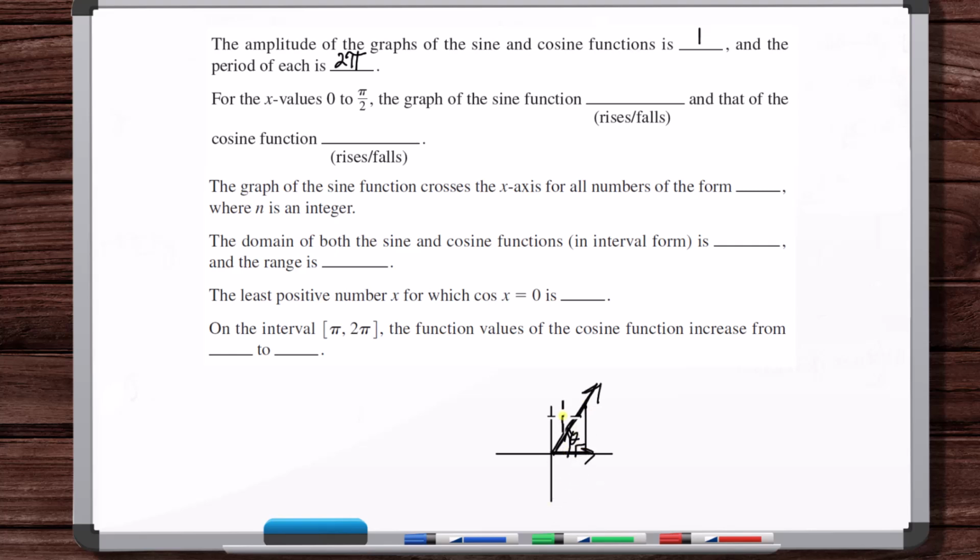So we know that sine is y over r, it starts at 0 and then increases to having y equal to r in the first quadrant. So it increases from 0 to 1 in the first quadrant, so it rises. And cosine starts at r is equal to x. It starts at 1 and then it decreases towards 0. So the cosine function falls, going from 0 to 2 pi.